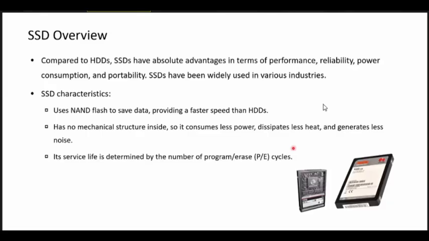SSDs we'll go through now. SSDs basically are flash disks, right? They use NAND flash to save data, and are generally much more powerful than hard disk drives. At least the base SSD will be 2 or 3 times more powerful, maybe more than 3, maybe 4 times more powerful than HDDs.